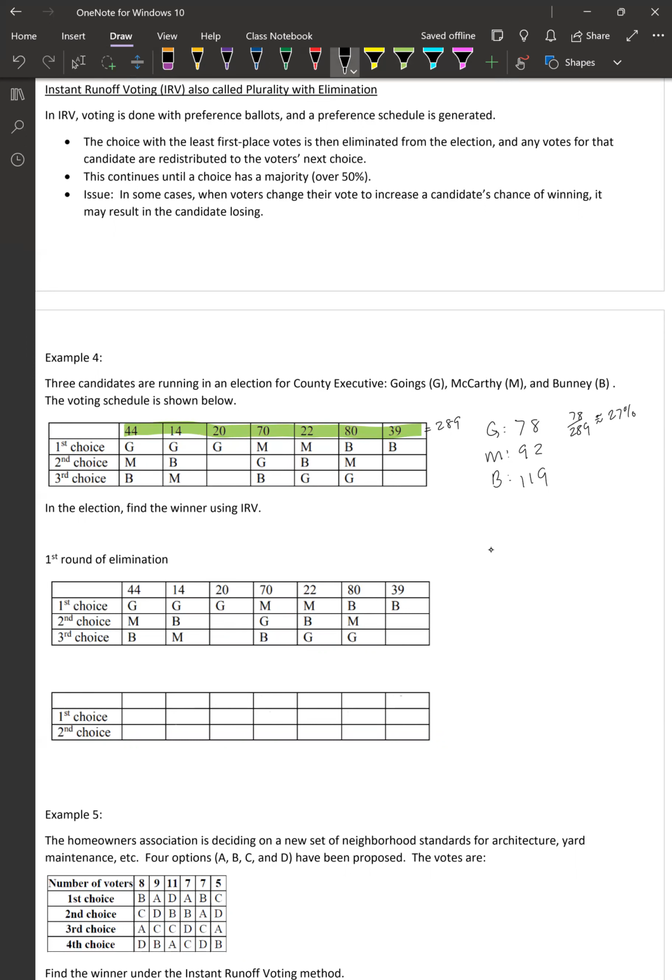And then McCarthy got 92 out of 289. That gives me 0.3183. So I'm going to round that up to 32% just because it's easier to write. And then Bunny, 119 out of 289, 0.4117.